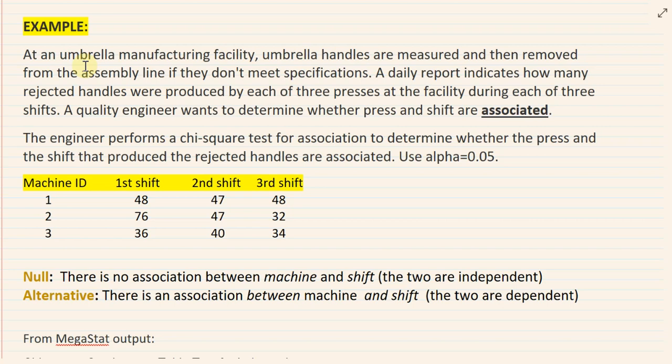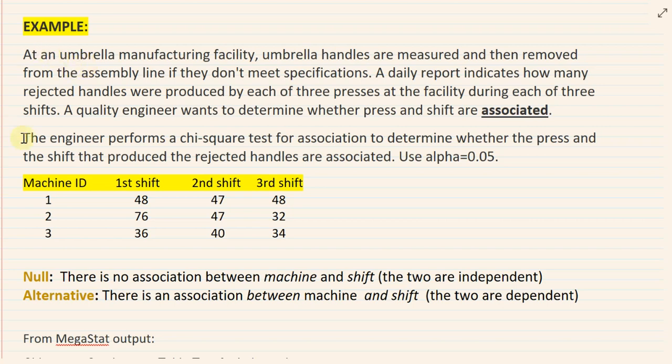So are there any dependencies? Is there anything going on with the machines and the different shifts as it relates to these handles that are actually rejected? These are rejected products, so these are not good products.